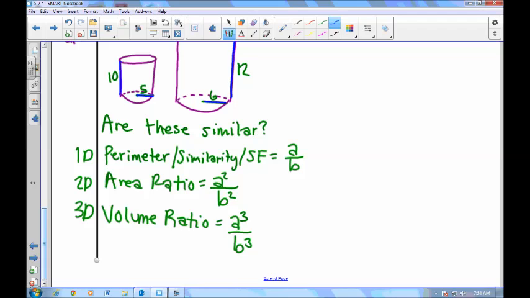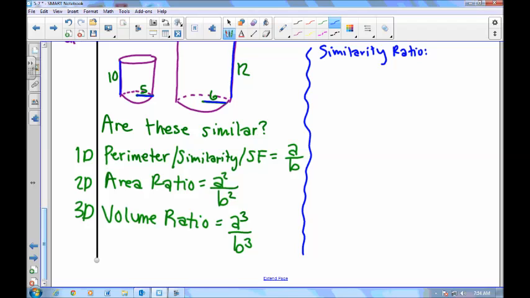Okay, Benito, would you like to use the heights or the radii? The radii, okay? Let's make our similarity ratio then. A over B for one dimension. You said radii, right?